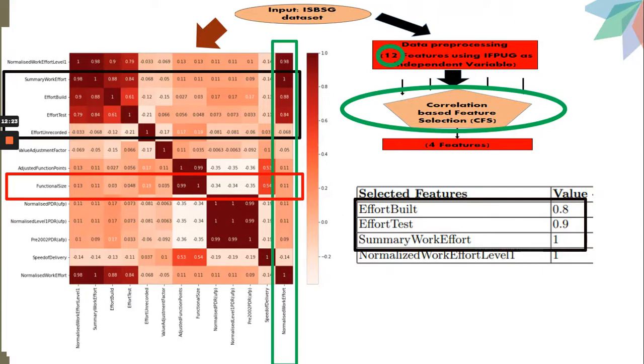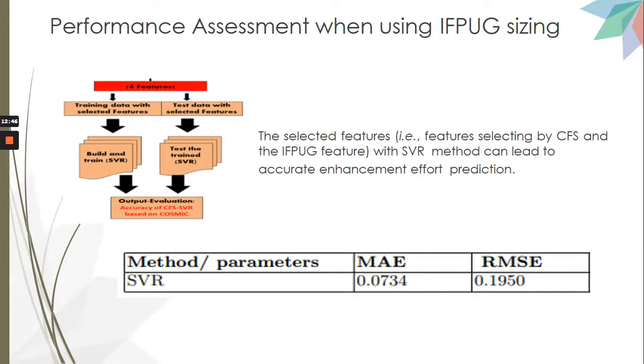On the other hand, a careful inspection of the feature list produced by the Pearson correlation algorithm, as shown here, indicates that effort test, effort build, summary work effort, and normalized work effort level 1 were the most meaningful features that helped in predicting effort. As in the first model, we used support vector regression for training and testing.